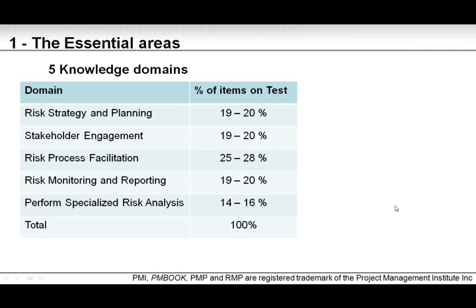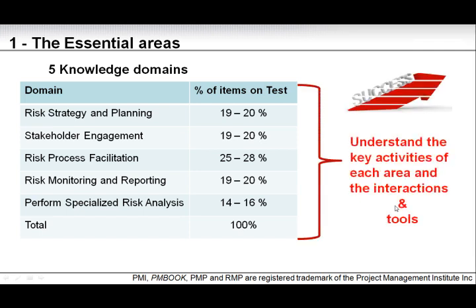Instead, we suggest that you get a solid understanding of the key activities for each area and the interaction and tools across the areas. With that, you have a much higher success rate, because yes, the risk process facilitation might be the largest part of the exam, but it is only a certain percentage.